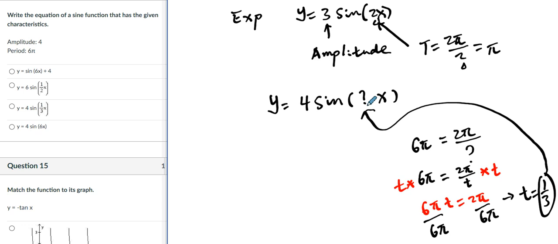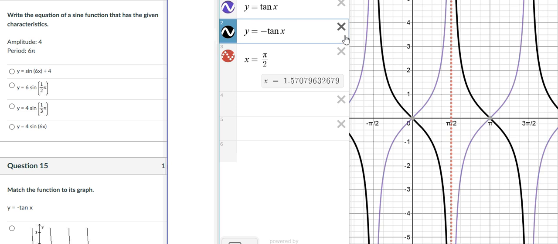So actually, if you have a number here, 1/3, less than 1, you are going to make the period bigger from 2 pi to 6 pi. What does this mean in decimal?